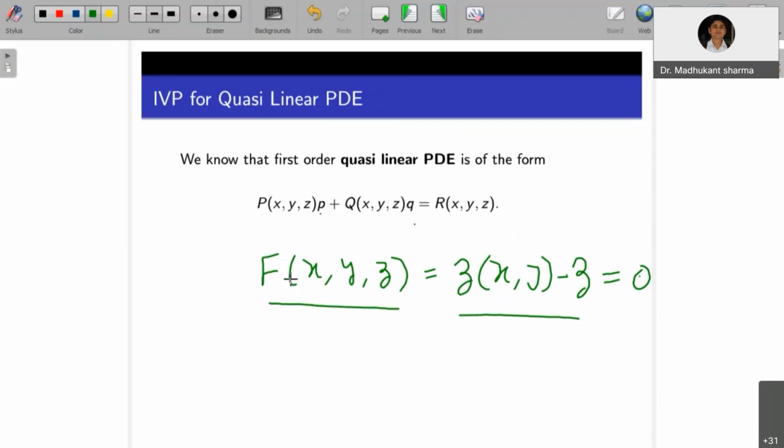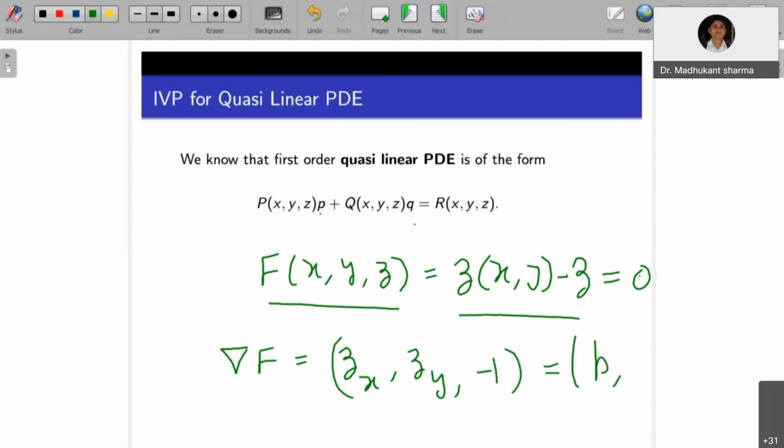Now the integral surface, if you look at carefully, we are already aware from vector calculus that grad f will give you the normal to the surface. So what is the grad f here? You have z_x comma z_y comma minus 1. And what are these in notation? That is going to be p, q, and minus 1.